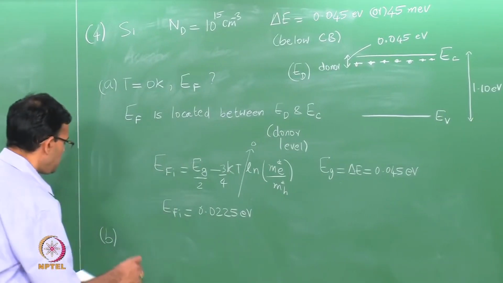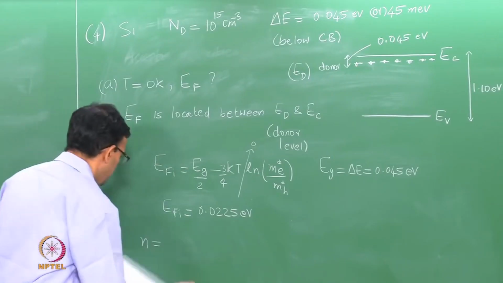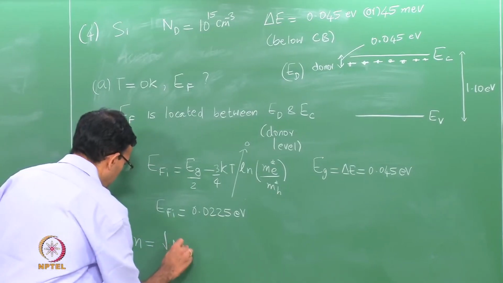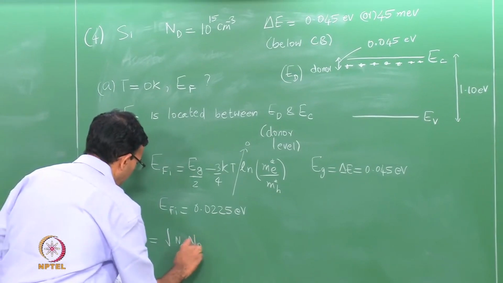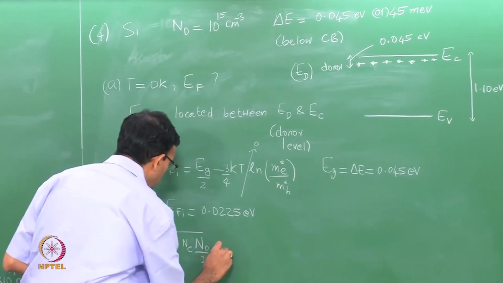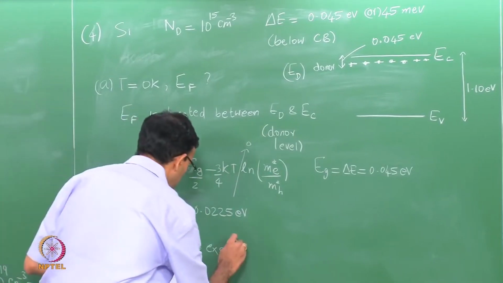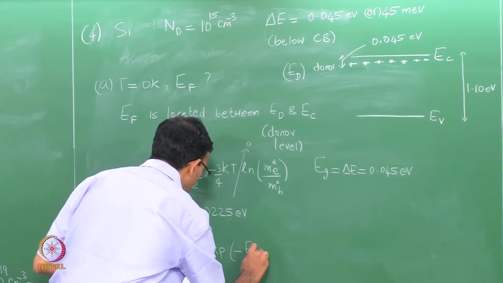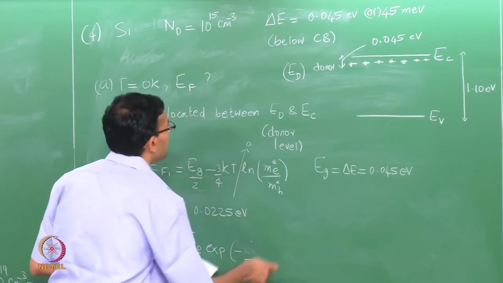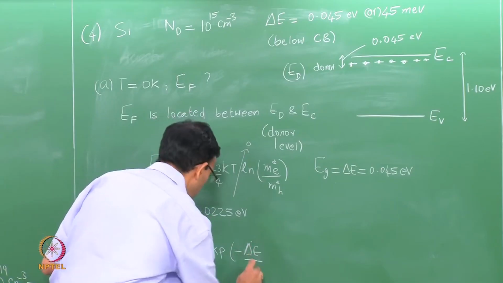So, we can again treat this as an intrinsic semiconductor. So, the concentration of electrons is nothing but the square root of Nc Nd over 2, and the reason for the 2 is because these are individual atomic states, so they can only take one electron, times e to the minus Ed, or minus delta E, over 2 kT.